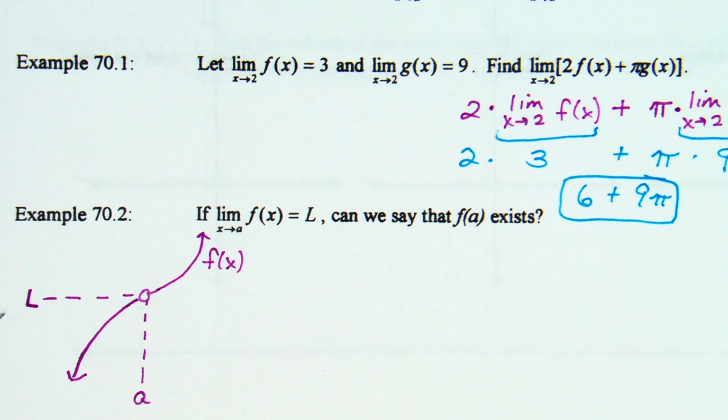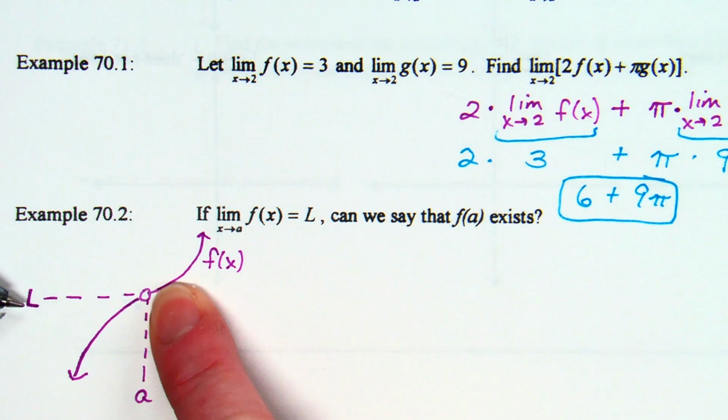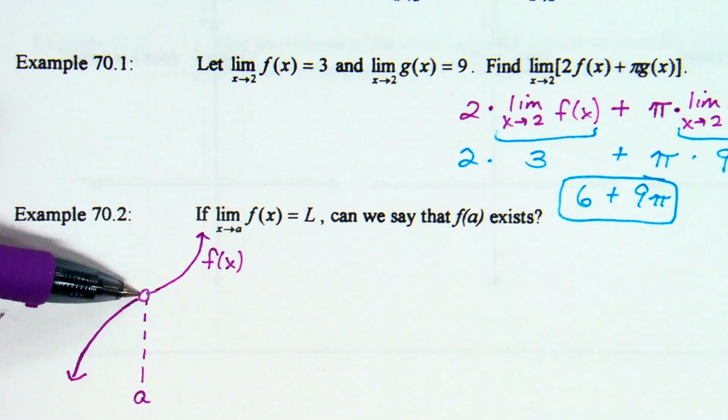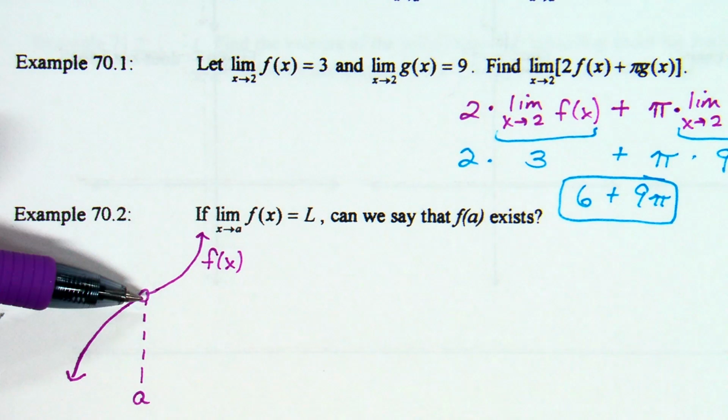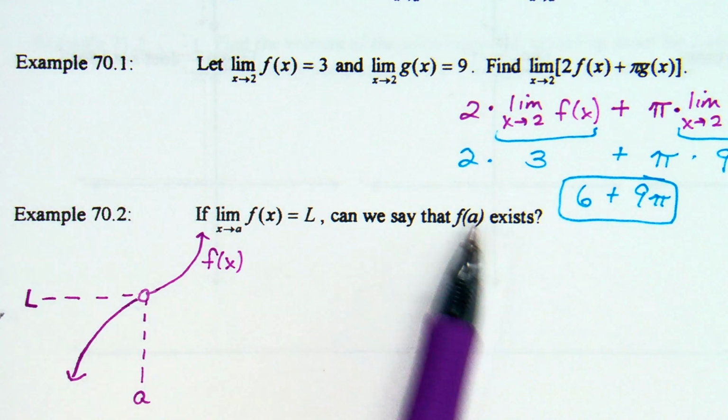Okay, so now, have I changed the limit any? On this graph, as x approaches a, what is it getting closer to? The y value of L, yes? And that limit is still true because does this point have to exist to make this limit true? No, you can have a hole there.